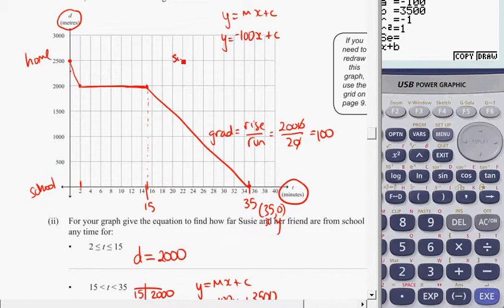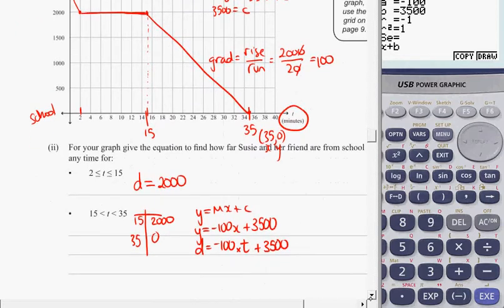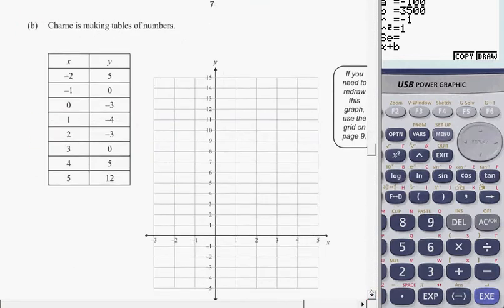So if we substitute 35 and put 0 where the y value is, 0 equals, that would be negative 3,500 plus c. If you add 3,500 onto the other side, you can see that c is 3,500, so of course we'll get negative 100x plus 3,500, which is what we got using the calculator, and it's fine to use the calculator.